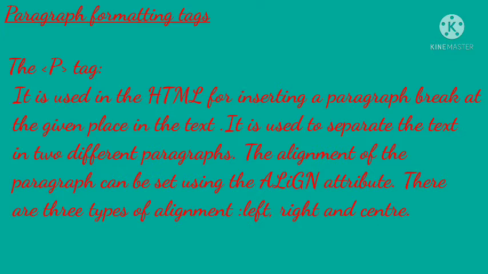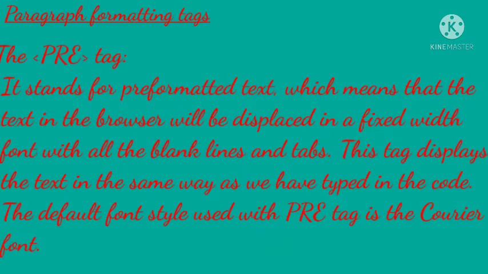The align attribute of the p tag specifies the horizontal alignment of a paragraph and it takes three values: left, right and center. The next tag used for formatting paragraphs is the pre tag.